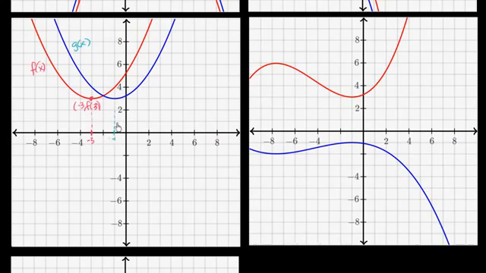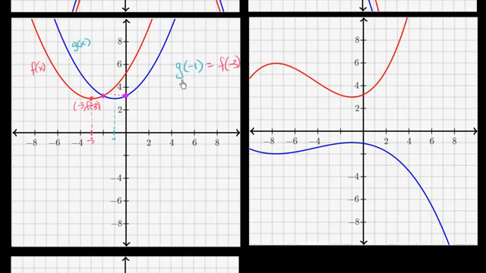So let's think about this. G of -1 is equal to f of -3. And we could do that with a bunch of points. We could see that g of 0, which is right there, let me do it in a color you can see, g of 0 is equivalent to f of -2.